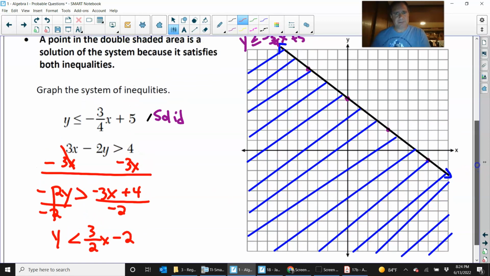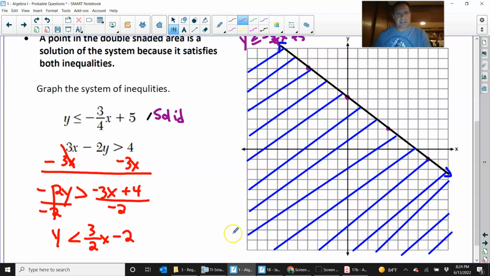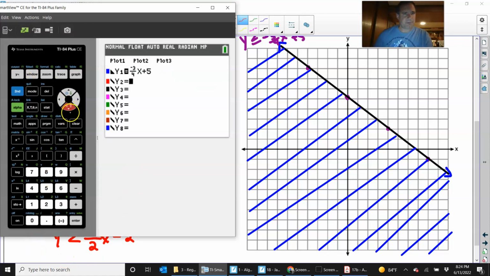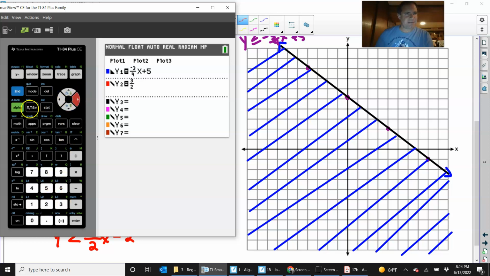on my calculator. I'm going to put that in, 3 over 2 x minus 2. And we're going to put it in as y2. So alpha x, it is 3 over 2x. That is a positive minus 2.